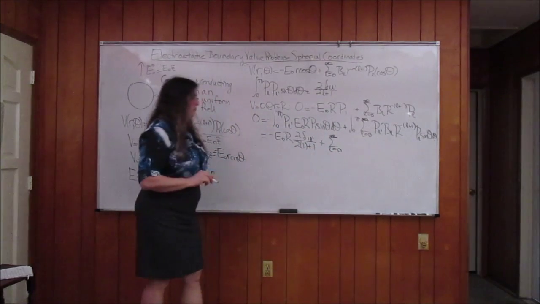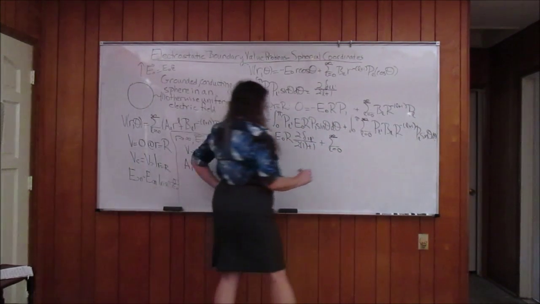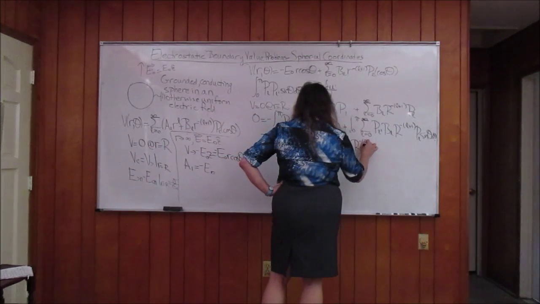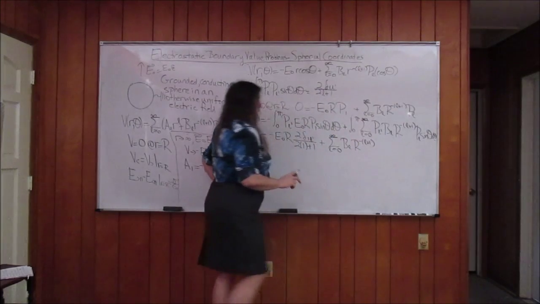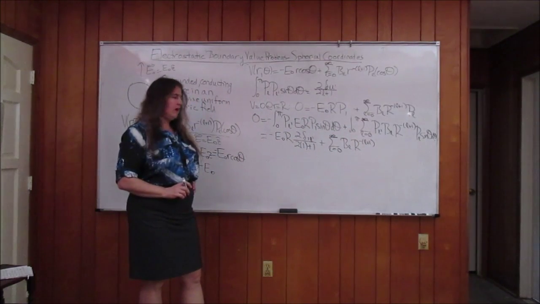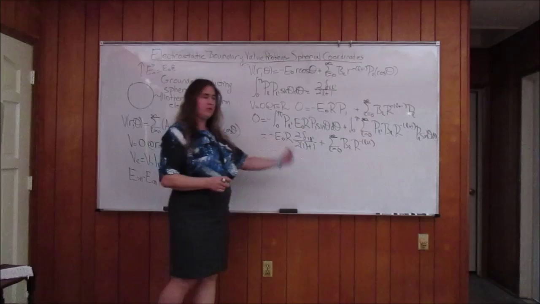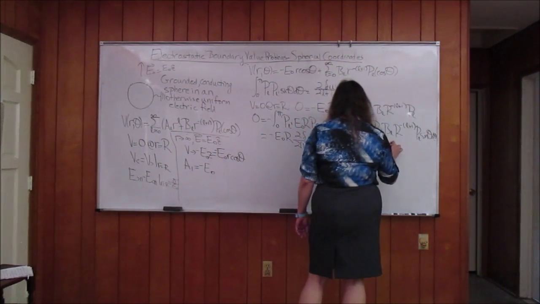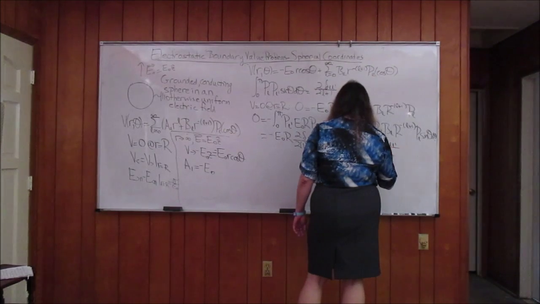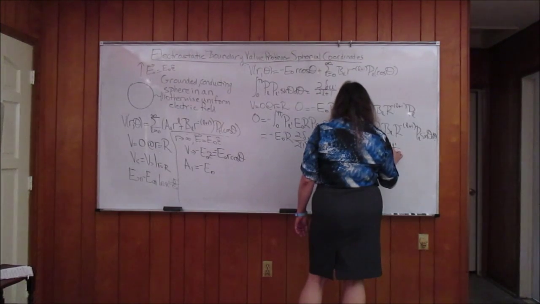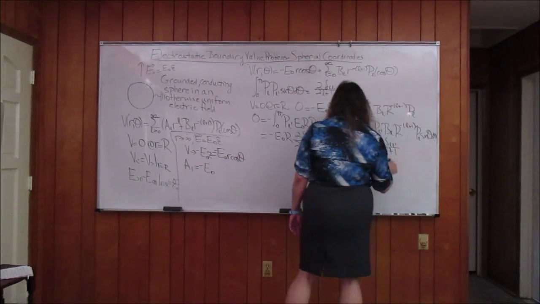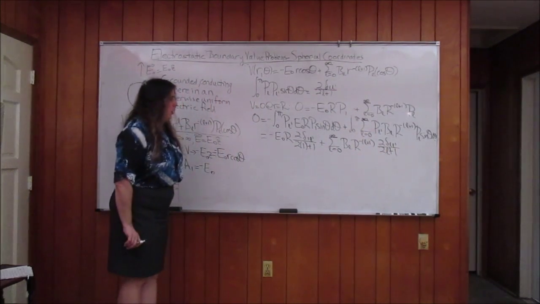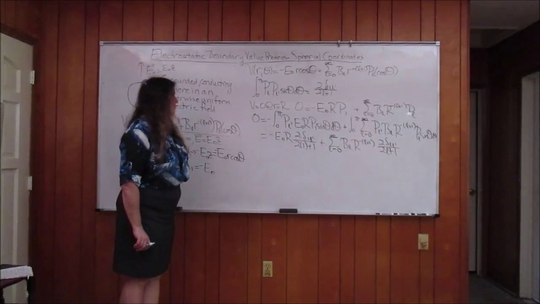Second term will have summation L equals 0 to infinity, radius of the sphere to the minus L plus 1 power, times 2 times the Kronecker delta of L and L prime over 2L plus 1.